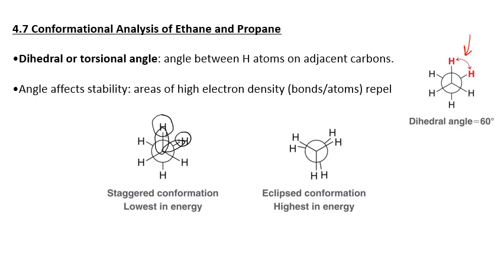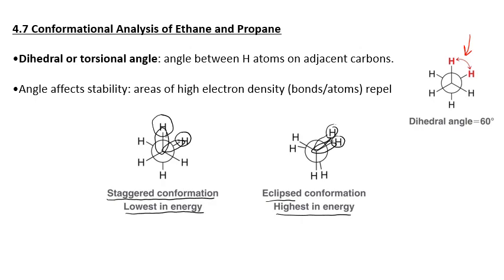So this is what we call a staggered conformation here. It's your lowest energy conformer or rotational state. But if you consider an eclipsed conformation, we have electron density that's going to repel. So this is higher energy because of the electron repulsions in the atoms and the bonds.